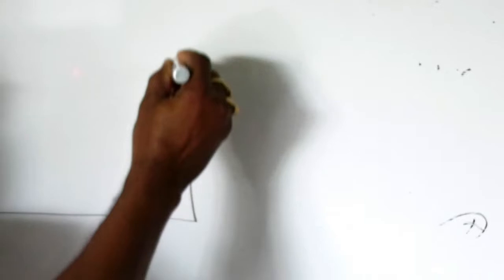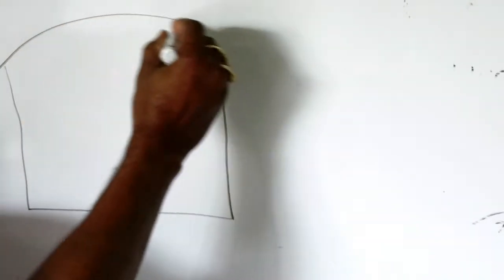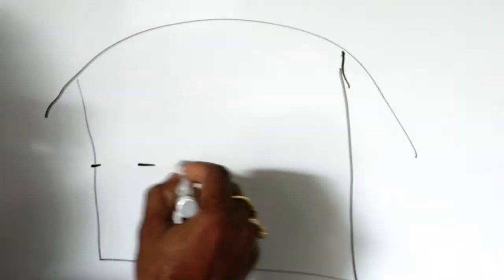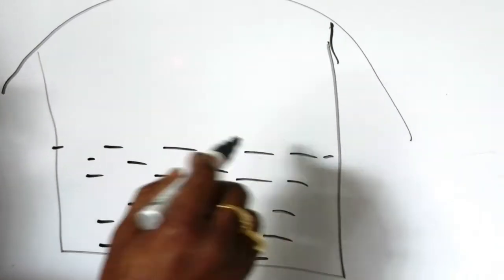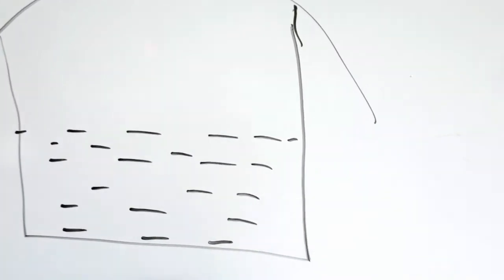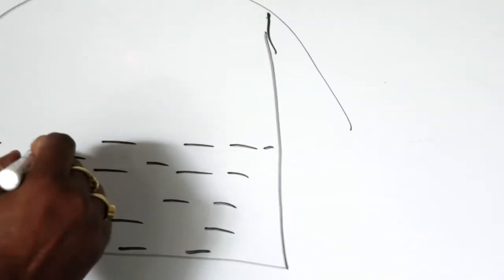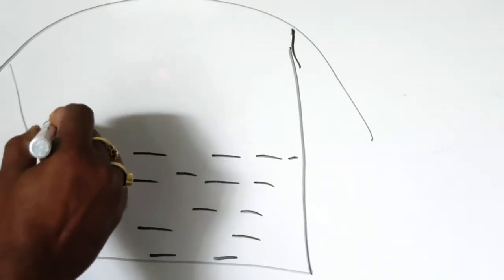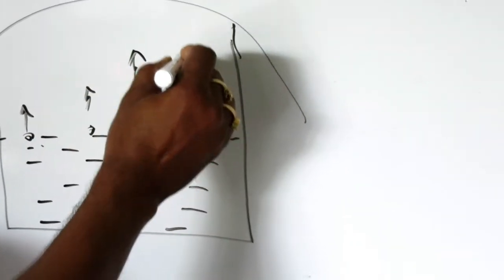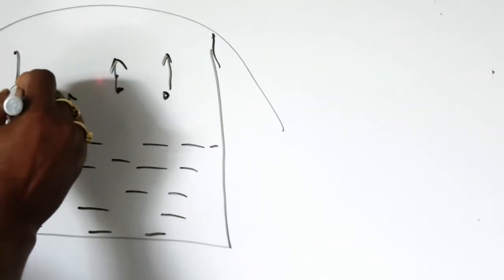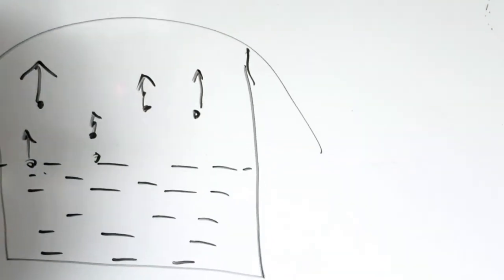You know, when a liquid is kept in a closed vessel, we find that some liquid molecules leave the surface as vapor, because a liquid has the property of evaporation.